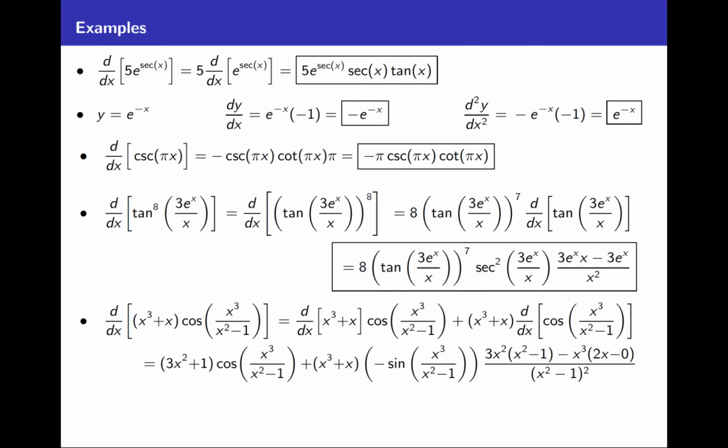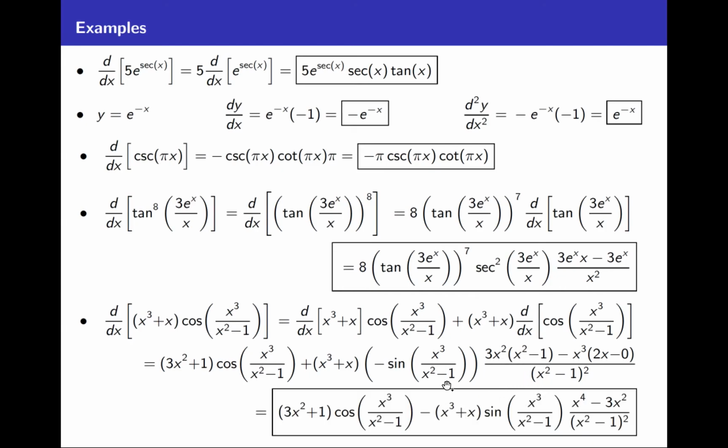And there we go. That's our derivative. Maybe there's a little cleanup to do here. You could bring that minus out over here. And this fraction is going to simplify a little bit. All of this stuff boils down to, let's see, you got a 3x to the fourth and a minus 2x to the fourth.